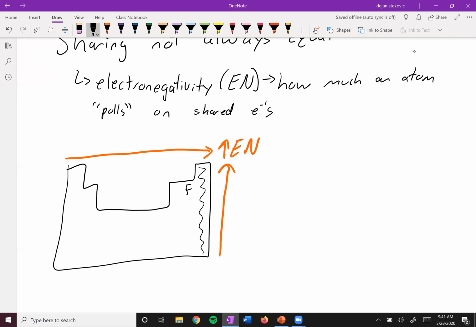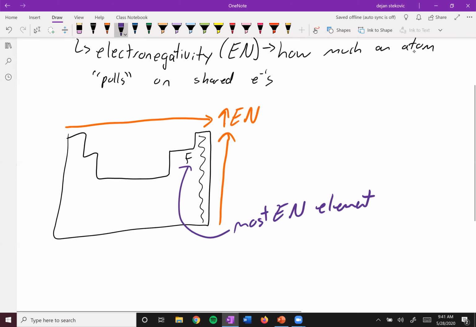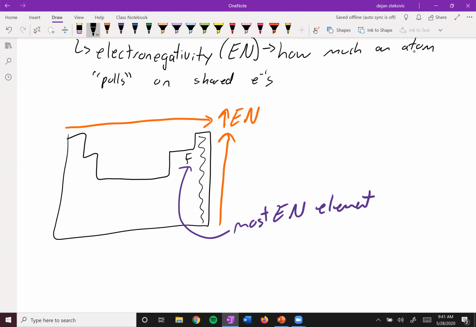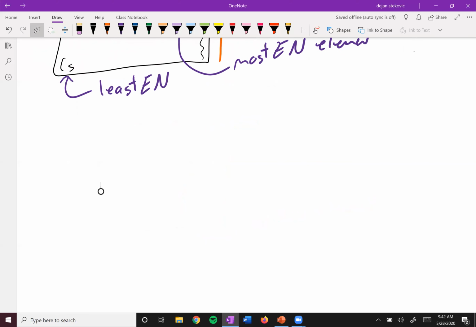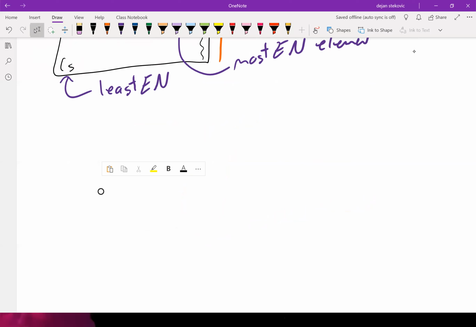So if we look at our periodic table, we'll see fluorine is on the top right, and so this is the most electronegative element there is. Fluorine is the most electronegative. And then down here in this bottom left, we have cesium. So cesium is the least electronegative. And so here's just a picture of this, which gives you some more defined numbers.